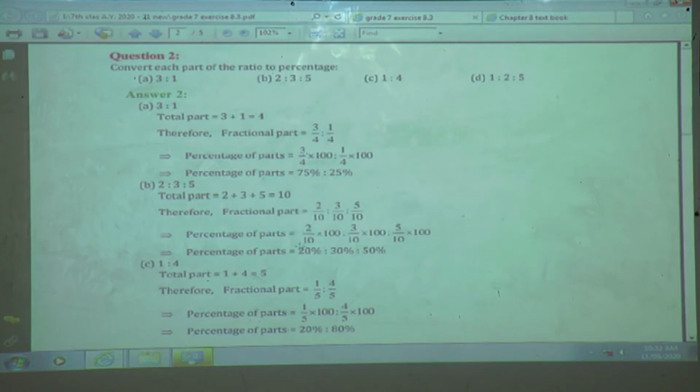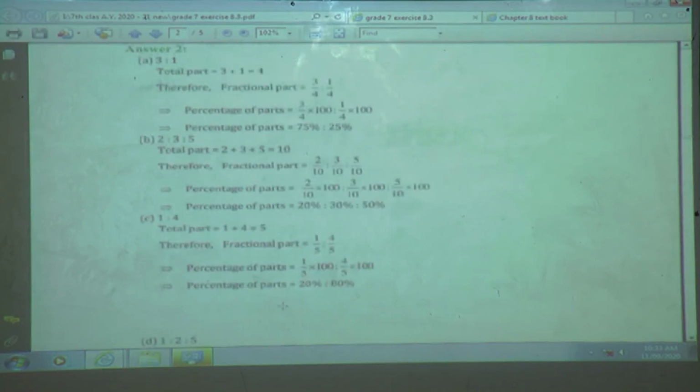So 2 upon 10 multiplied by 100, 3 upon 10 multiplied by 100, and 5 upon 10 multiplied by 100. After reducing these fractions to their lowest terms, the percent of the parts is 20%, 30% and 50%. In this way we have calculated the percent when the ratio was given to us.